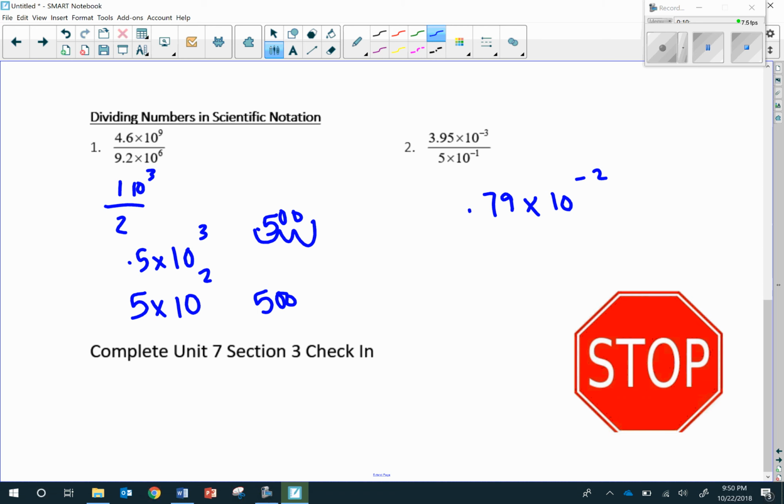And so that is going to be 7.9 times 10 to the -1. That would be our final answer. And if you notice, that does check. Those two do equal each other.